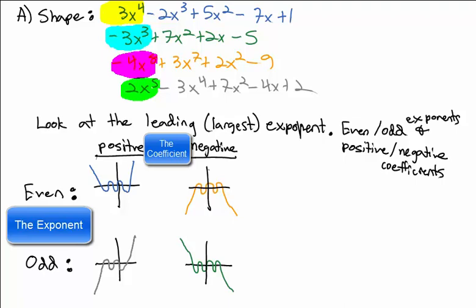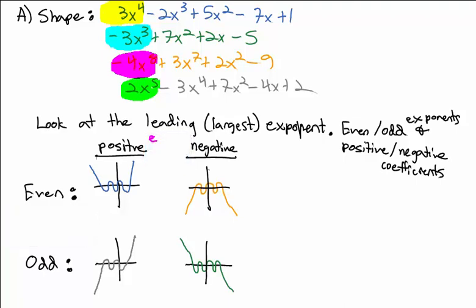I might even label this. Positive and negative is talking about the coefficient, the number in front. Even or odd, that's talking about the exponent. So that's how we determine the shape of the polynomial graph.